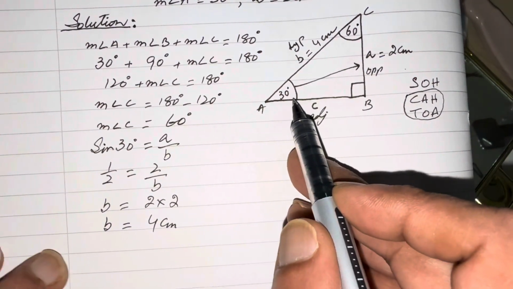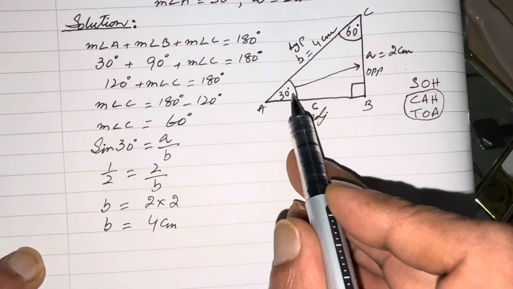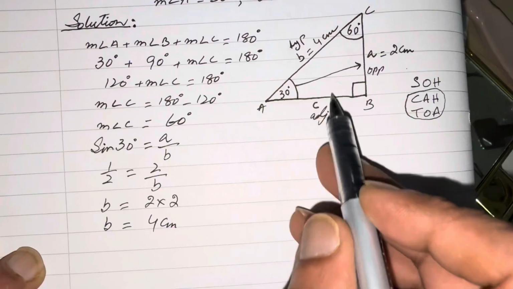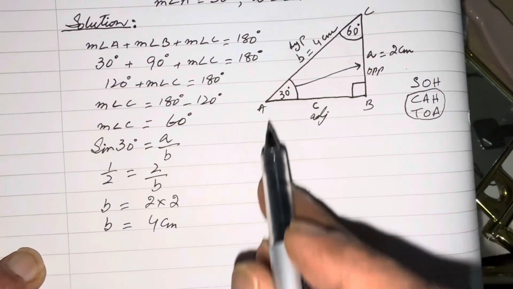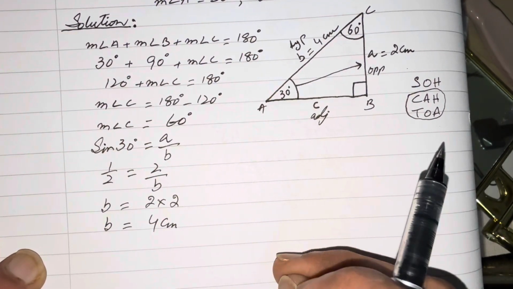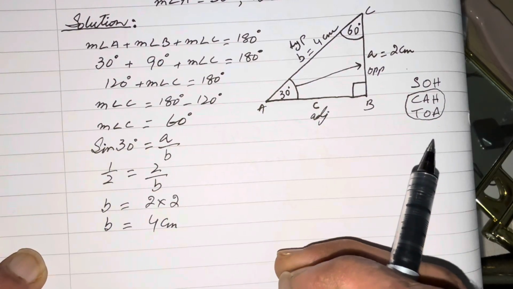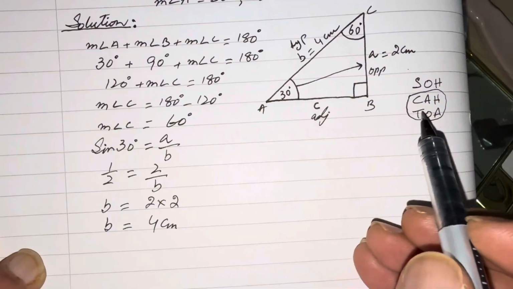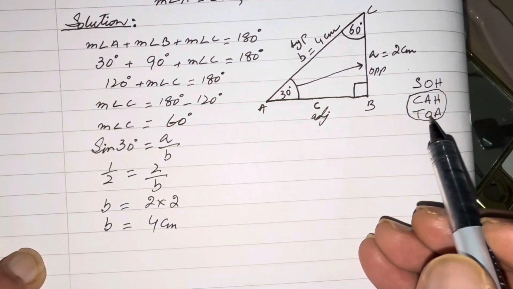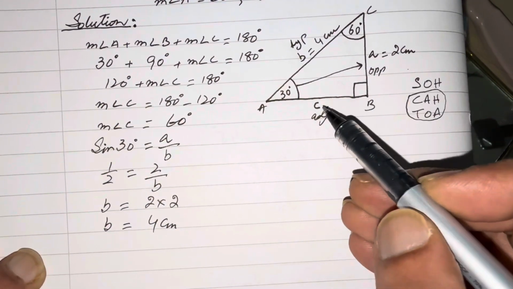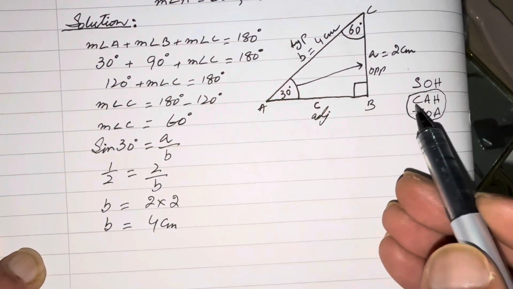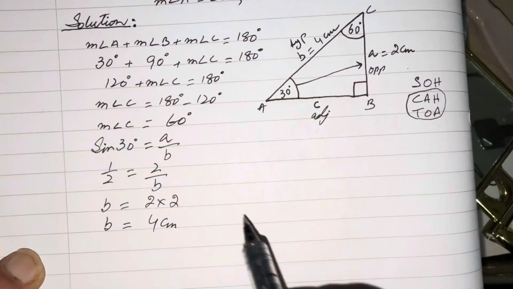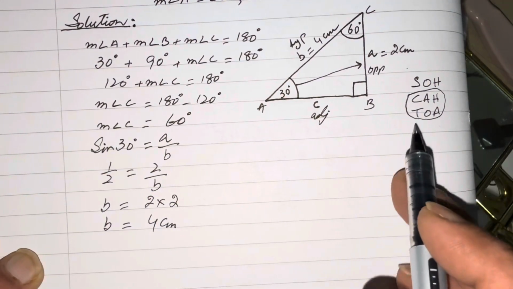So if we take cos 30, it is adjacent over hypotenuse, and if we take tangent 30, it is equal to opposite over adjacent. You can take any one of these and you will get the same answer. I'm going to show you with both of them.